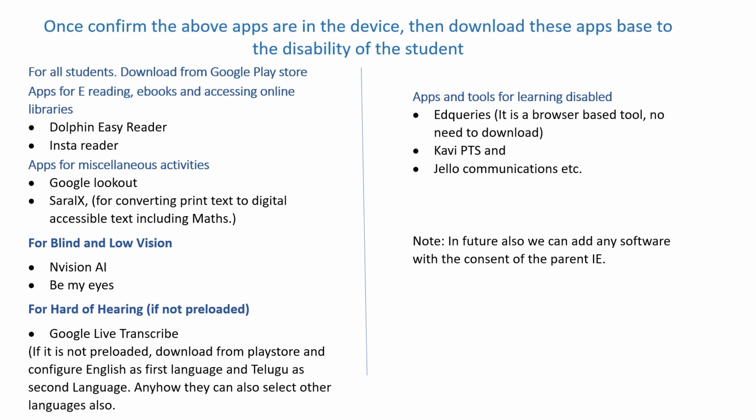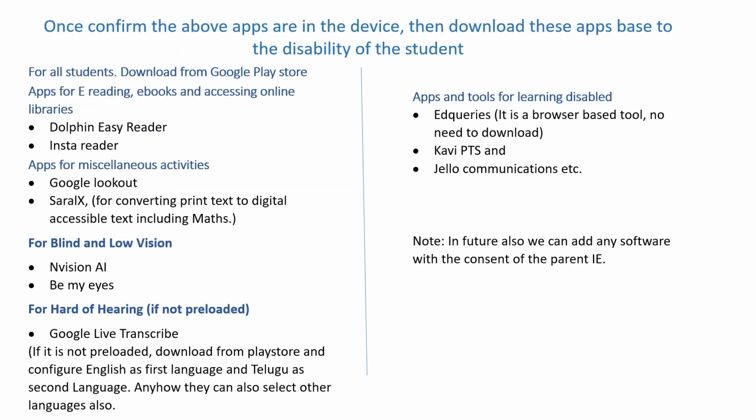Now for the blind and low vision students, we need to download Envision AI and Be My Eyes for ease of working. For hard of hearing, if not preloaded, then you need to download Google Live Transcribe. You can download it from Play Store, and it helps a hard of hearing child, a deaf child, to listen to the lecture happening in a mainstream classroom with a mainstream teacher.